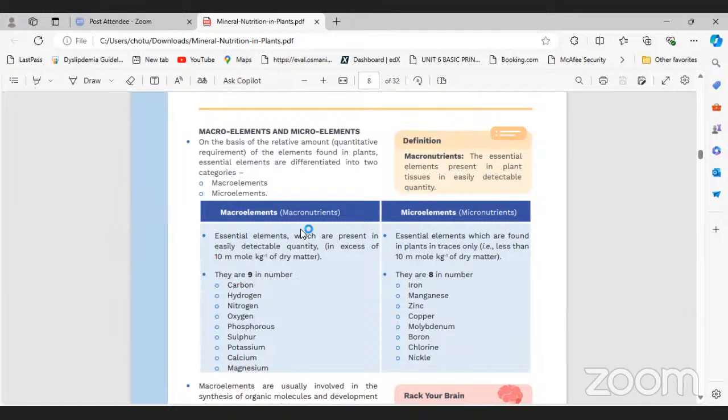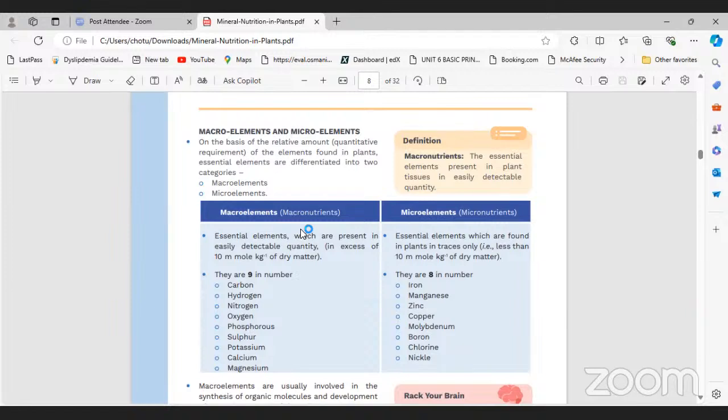because similar symptoms may result from deficiencies of several different elements.